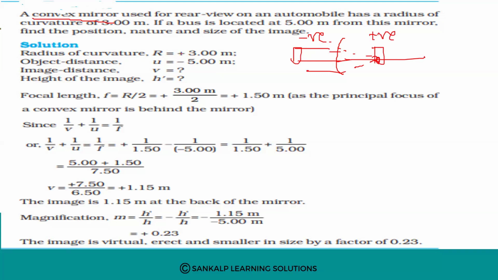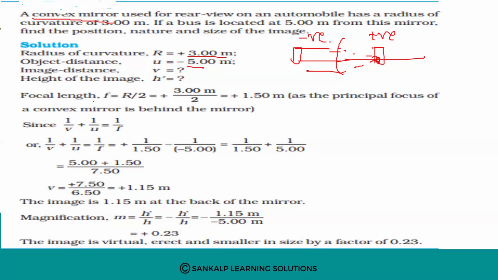The radius of curvature they have given, R is equal to 3 meter. Object distance U is equal to -5 because the object is at this side, so this is negative. Image distance we don't know, V is equal to question mark. Height of the image they have asked, H dash is question mark.